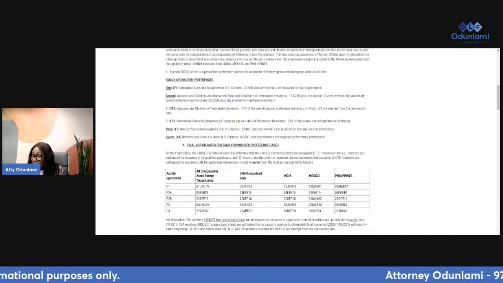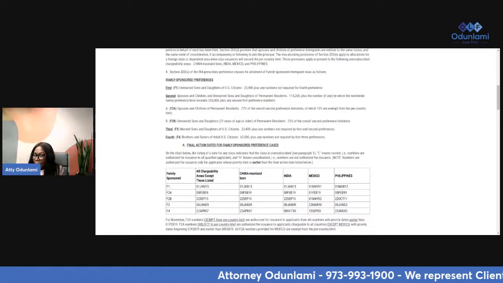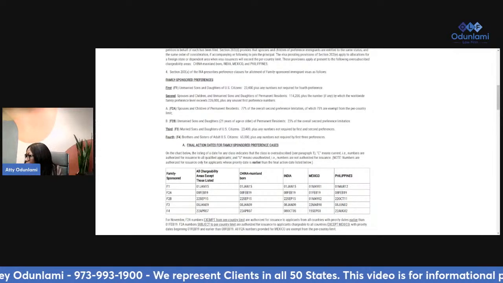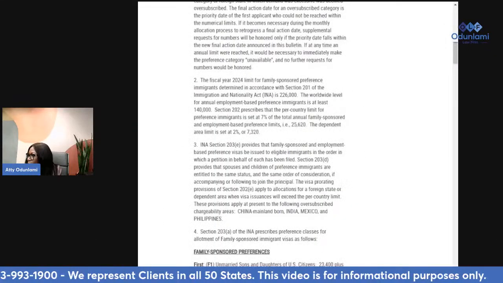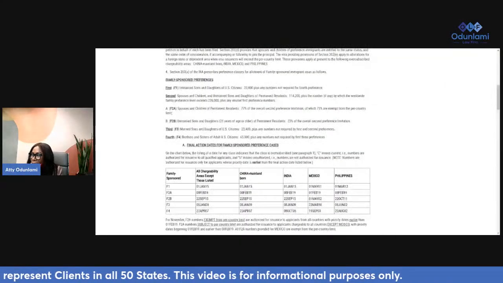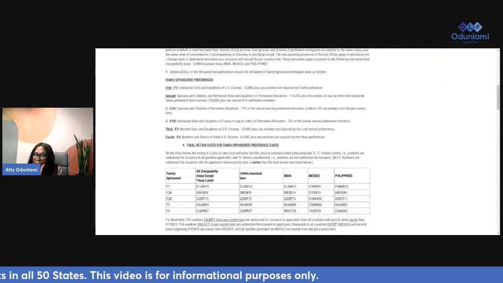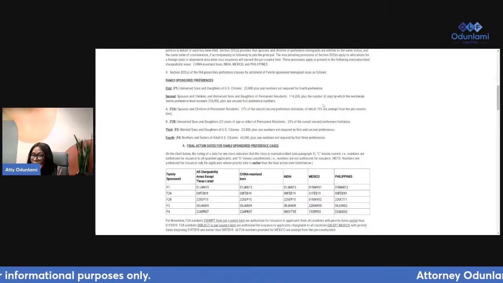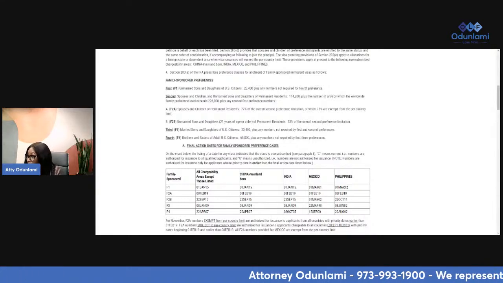However, in the immediate relative category, if you're a US citizen filing for your wife who has a child under a certain age, then that child, you have to file a separate petition for them, right?